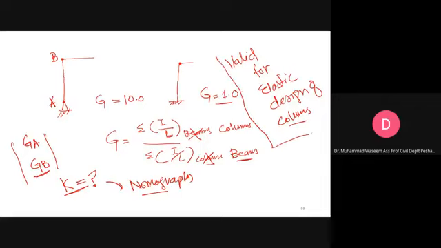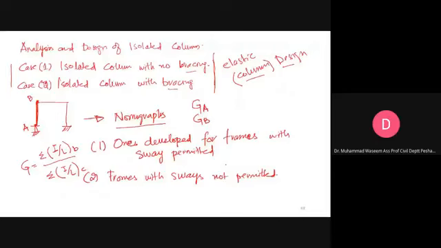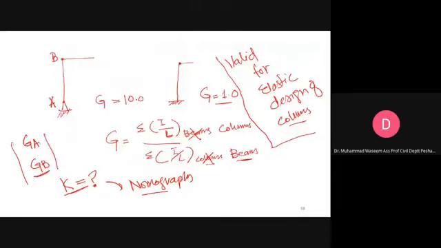For inelastic design, you have to use a reduction factor, and that reduction factor is star. Once you have the elastic GA and GB values, you have to multiply them with this factor.